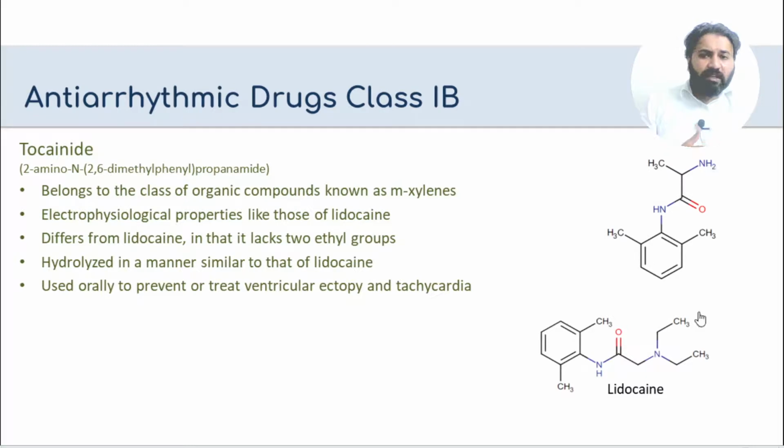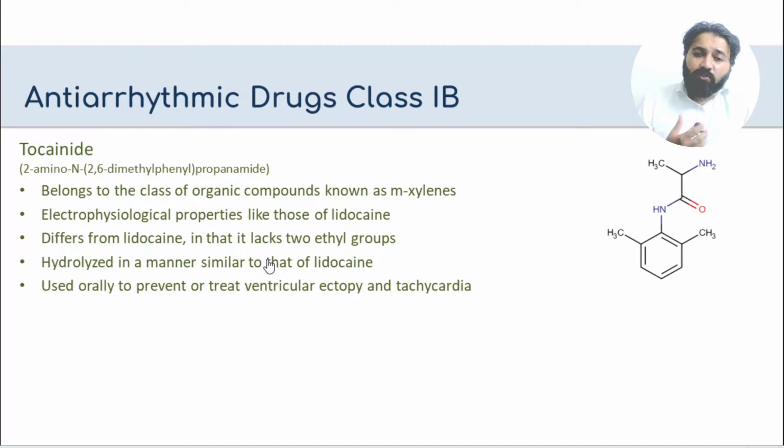These 2 methyl groups in Tocainide hydrochloride give protection from first pass hepatic elimination when it is orally ingested. It is hydrolyzed in a manner similar to lidocaine, but none of its metabolites are active.